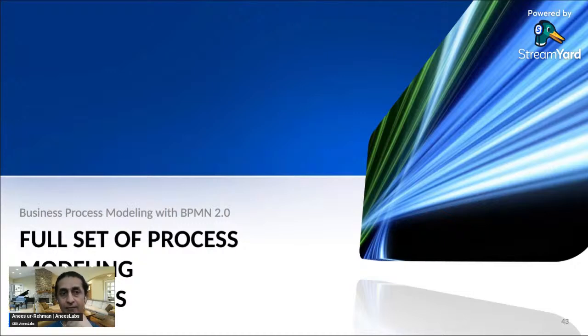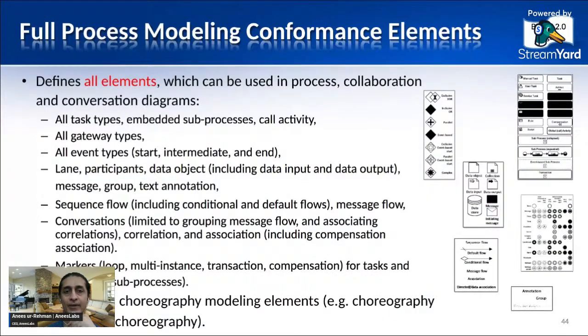So today's webinar and podcast, you can say, we are discussing the full set of process modeling elements and how they are working. What we have already discussed: we have tasks which are part of activity, we have sub processes which are part of activity, we have association links, we have collaborative links, we have collaborative groups, we have sub processes.